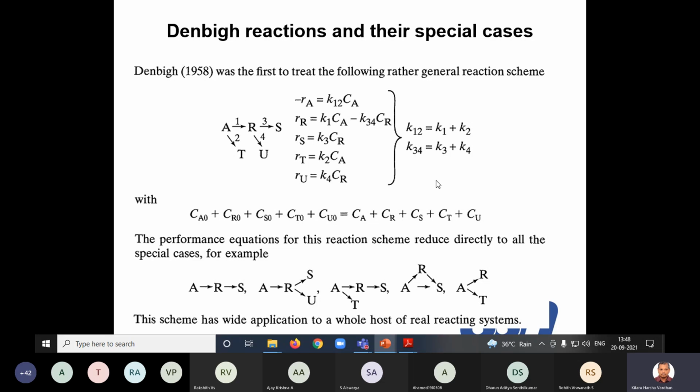Based on this, they will do it, or you can see one more: A giving R, R giving S and T. These are much more complicated. This is a cyclic process: A giving R, R giving S, and A giving S. So there are wide applications, but again, very difficult for you to follow. Even though this is irreversible, it can be reversible also.